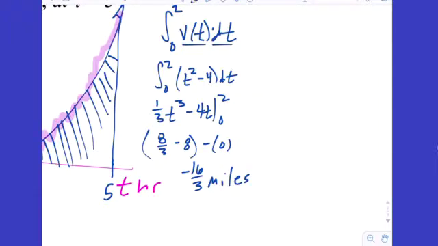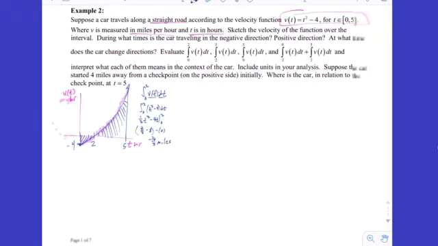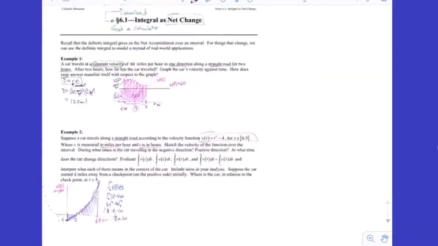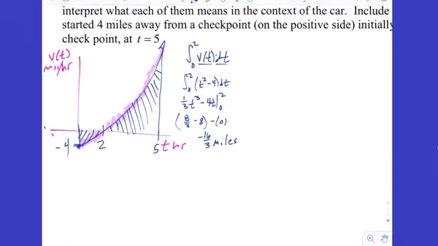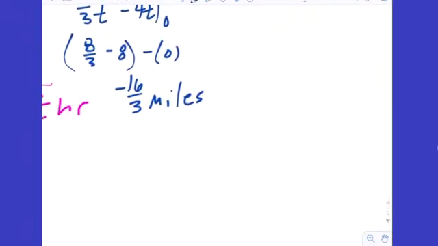Can that represent the total distance it traveled in that 2-hour period? No, you never tell people I traveled negative 16/3 miles. That's not the distance you traveled. The sign gives us the direction it traveled. So this is why it's called net change. We just found the net change in position from 0 to 2, and it ended up being a negative number.